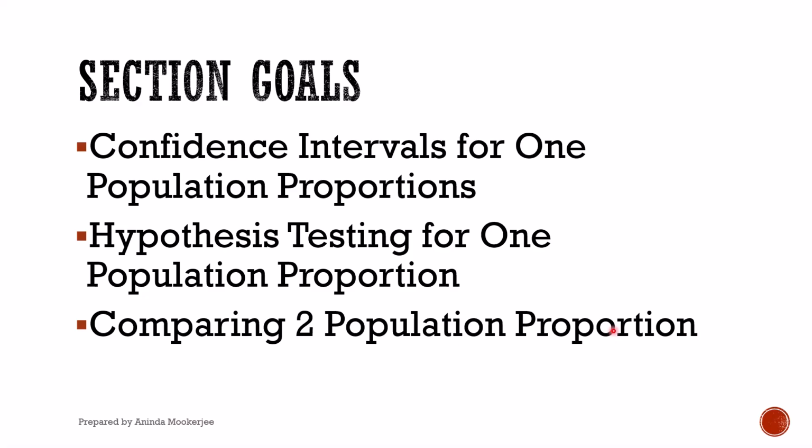But we will first begin by understanding what population proportions are and when and why we conduct studies on population proportion, and then of course how to calculate sample proportions, what the formula for that is, and what the distribution of sample proportion looks like.